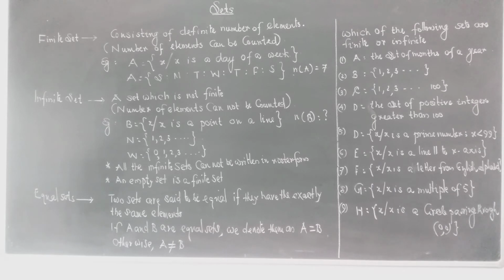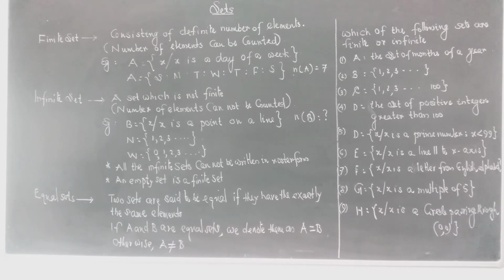What's the first one? A is equal to the set of months of a year. You need to say whether that set is finite or infinite. B is equal to the set 1, 2, 3, etc., with some dots put down.